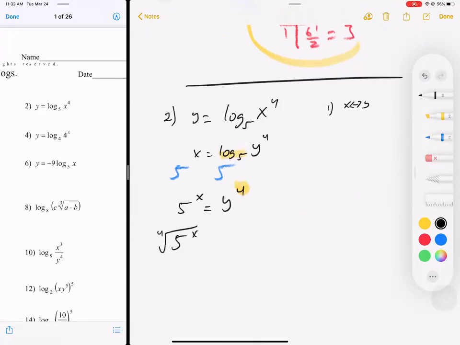You can write it to the 4th power, and that's kind of an algebra messy way. But I think a more elegant way is if we wrote instead 5 to the x equals y to the 4th, and we raise to the exponent of 1/4 on both sides. We notice 1/4 and 4 multiply to become 1, so we're left with 1y is equal to x, 5 to the x over 4 power.